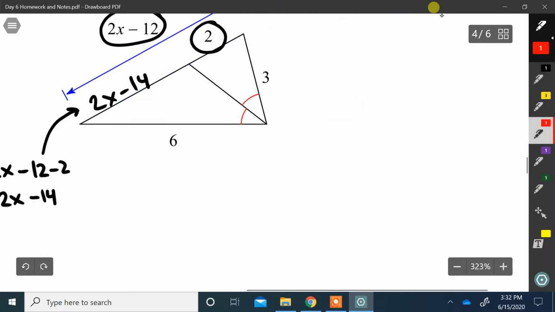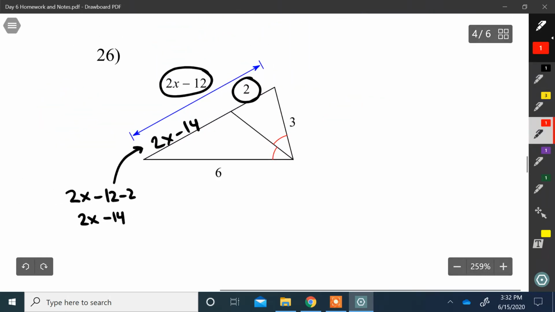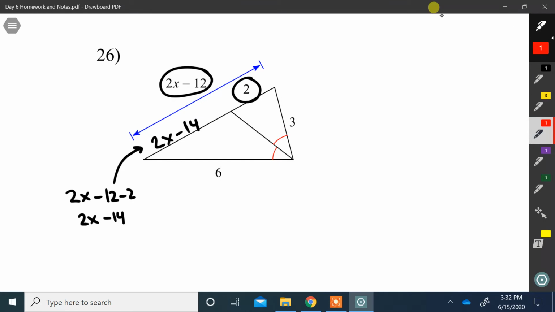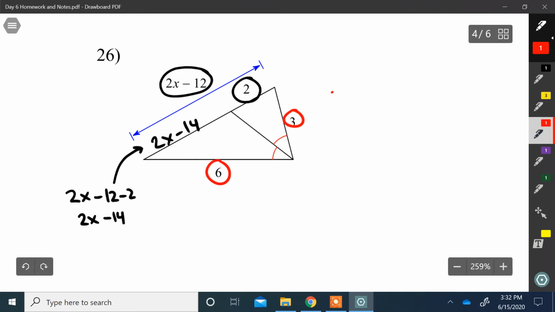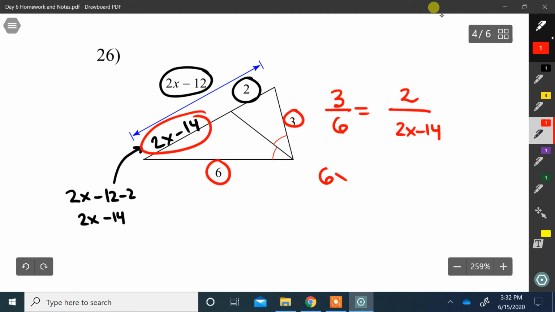So now let's go ahead and set up my proportion. It's going to be 3 over 6 should equal 2 over 2x minus 14. Let's go ahead and cross multiply. 3 times 2 is 6x. 3 times negative 14, let me just confirm that, should be negative 42.